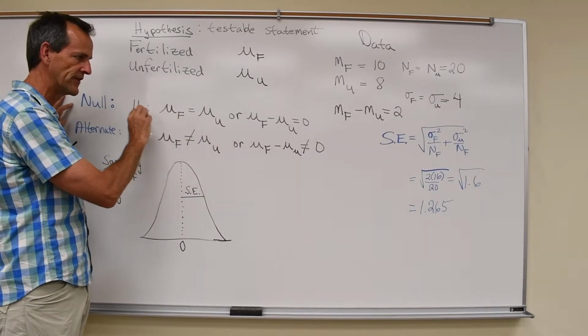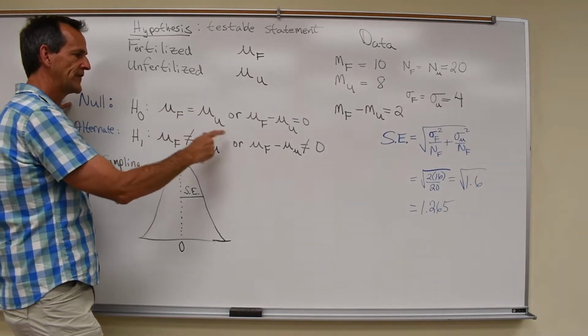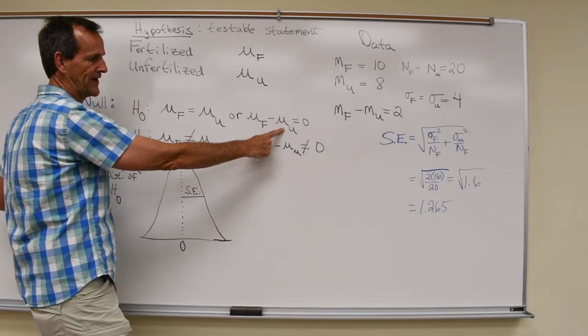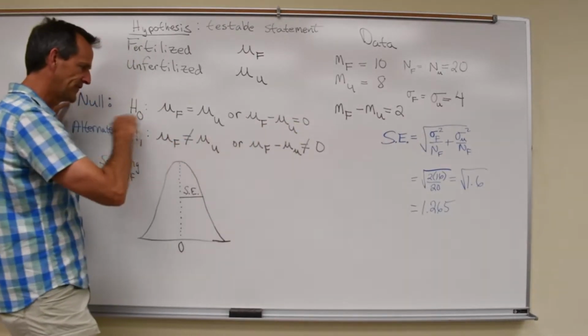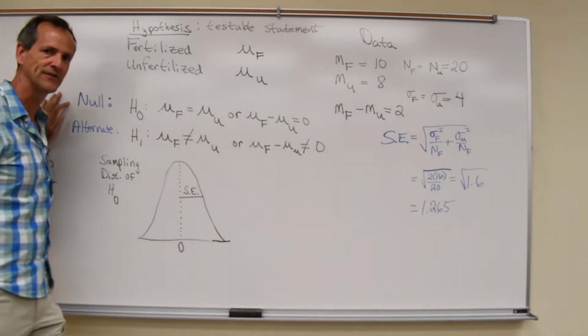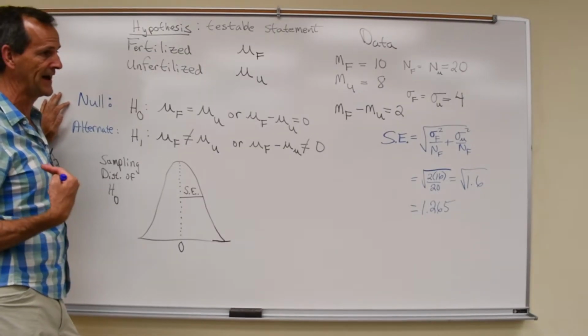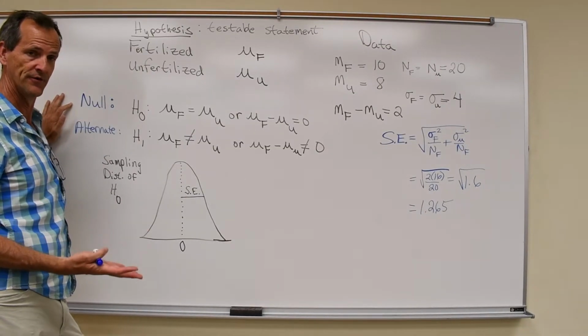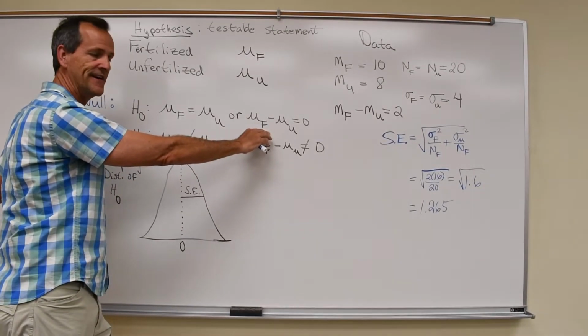In other words, there's no effect. So if that's true, notice that if you subtract the unfertilized plants from the fertilized plants, that's equal to 0. Anyway, this is how a null hypothesis can be written. It can be written in words, something like the fertilizer has no effect, or it can be written as a formula like I've done here.